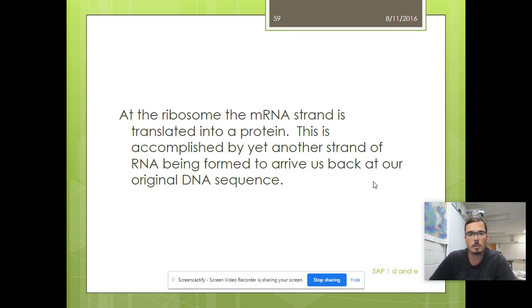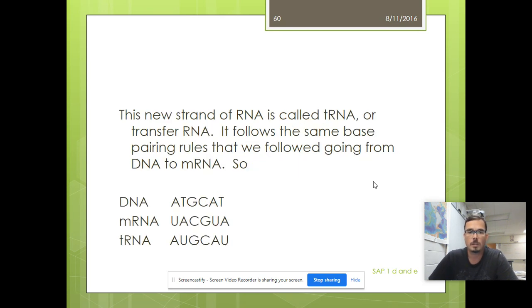At the ribosome, the mRNA strand is translated into a protein. This is accompanied by yet another strand of RNA being formed to bring us back to our original DNA sequence. This new strand of RNA is called tRNA, or transfer RNA. It follows the same base pairing rules that we follow going from DNA to mRNA.